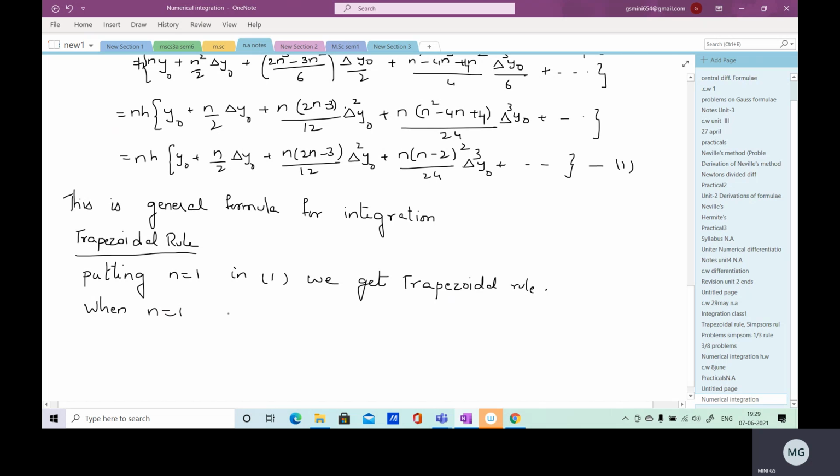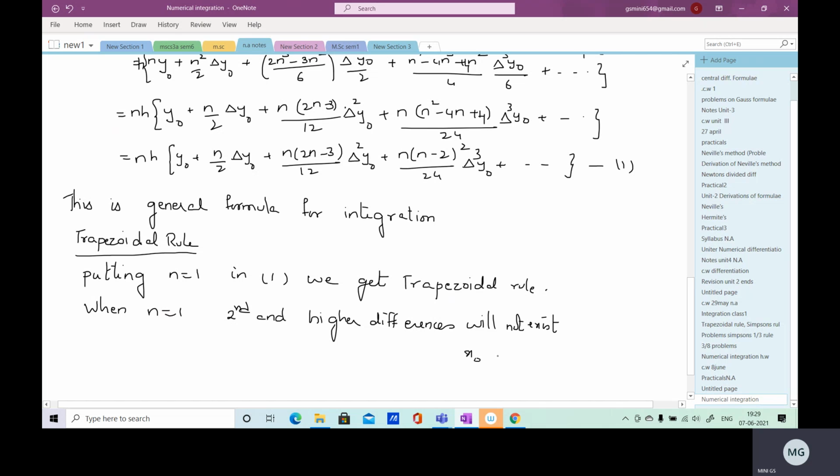When n is equal to 1, second and higher differences will not exist. How do you know it won't exist?